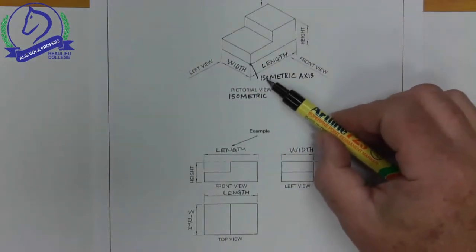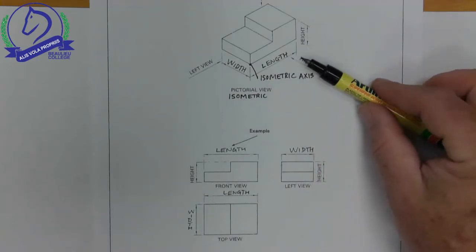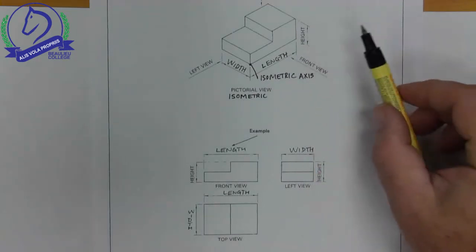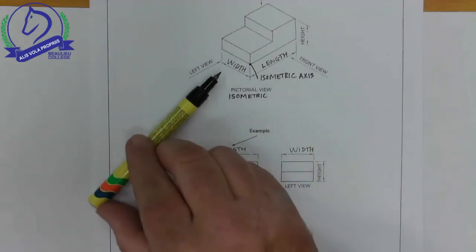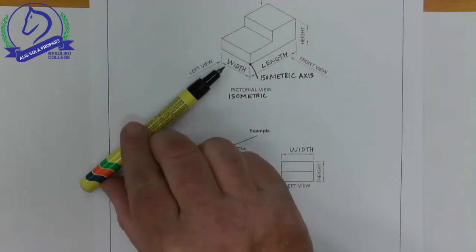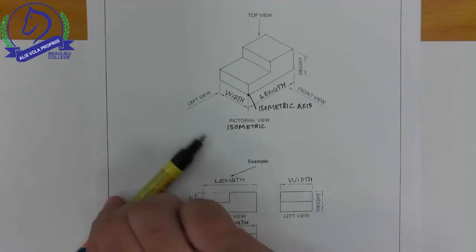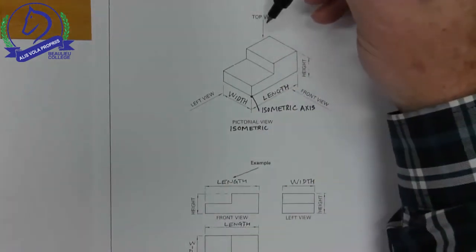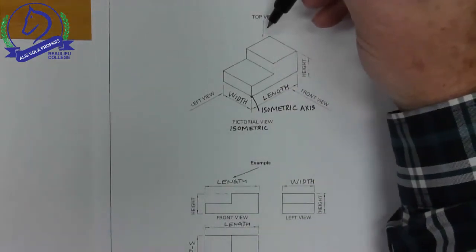So in relation to the isometric axis, the front view is the side on the right hand side. The left view is on the left hand side of the isometric axis, and when we look down at it from the top, that will give us the top view.